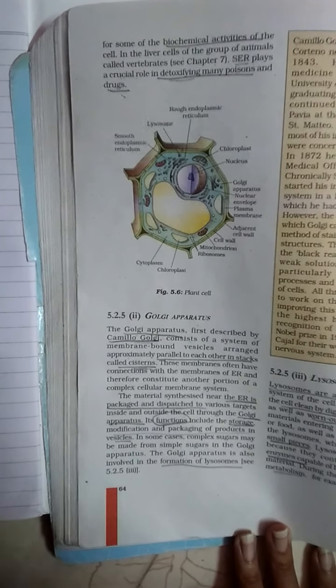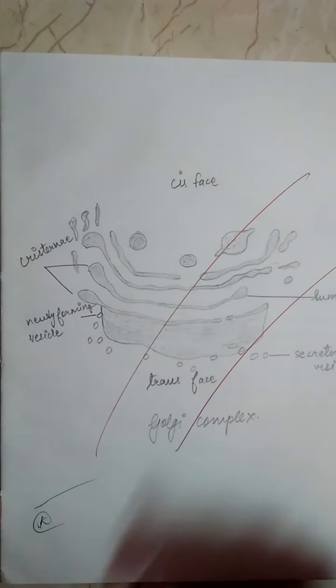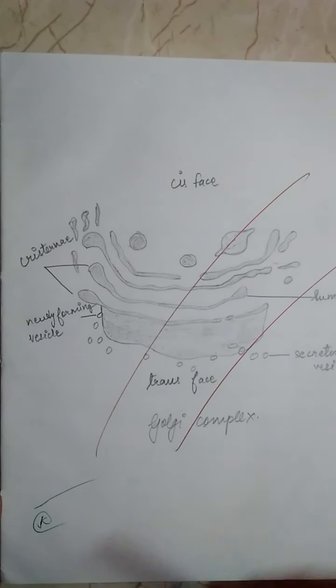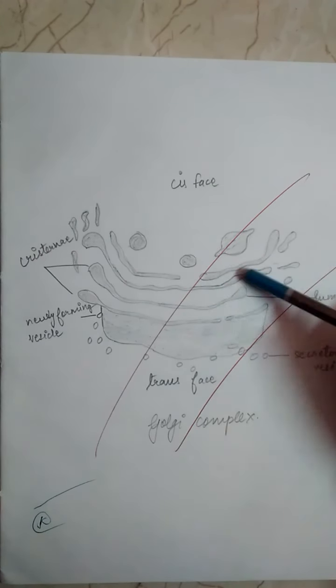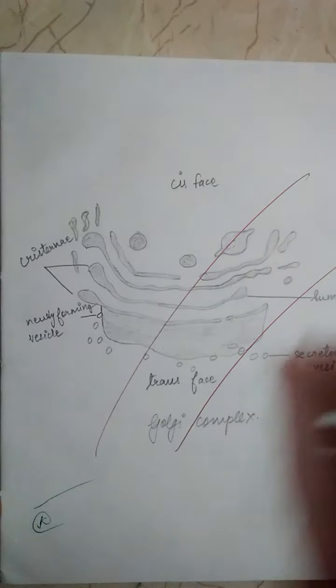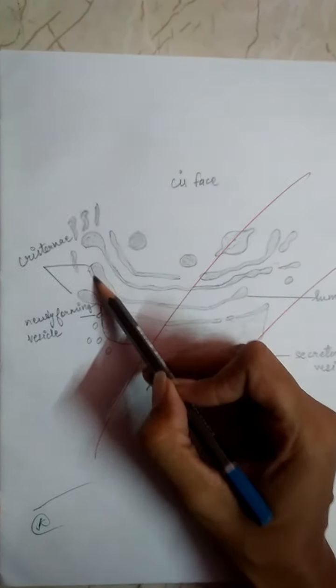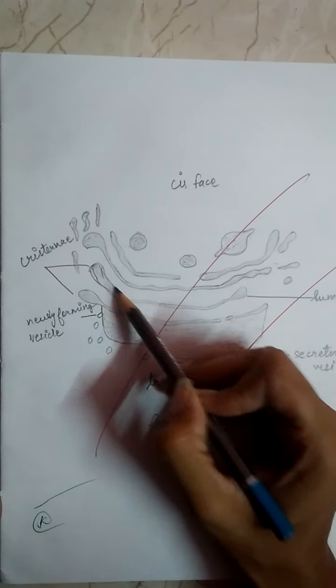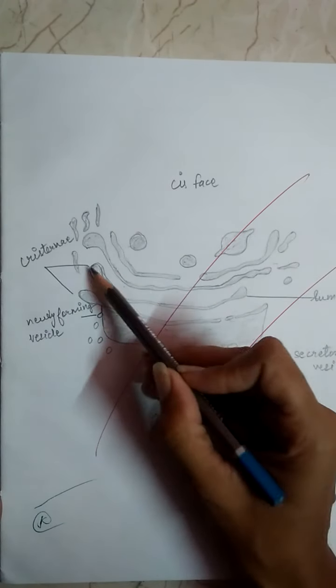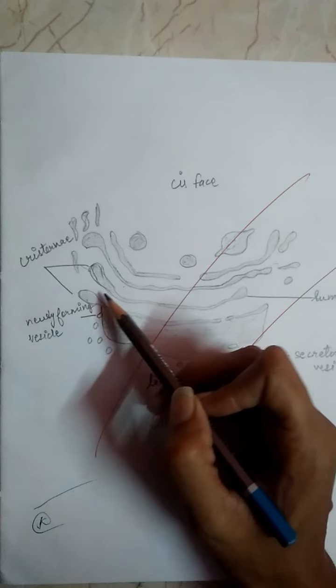Now I will show you a diagram. This is the structure of the Golgi complex. They are parallelly arranged, and these pile-like or stalk-like structures are called cisternae.